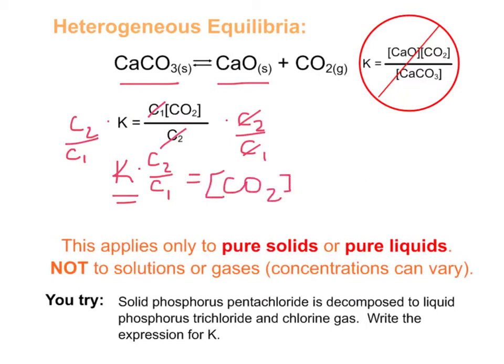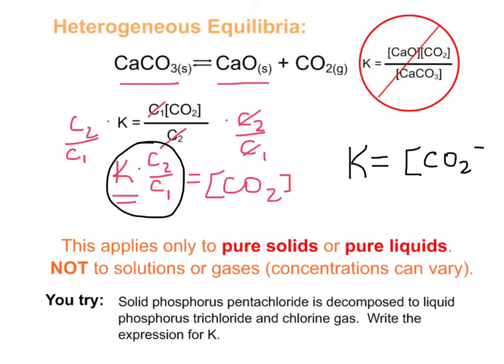Well, if I take a constant times a constant divided by a constant, do I still have a constant? Yes, I do. So I can simply write the equilibrium constant as K equals the concentration of CO2. It is the only one in gas form.